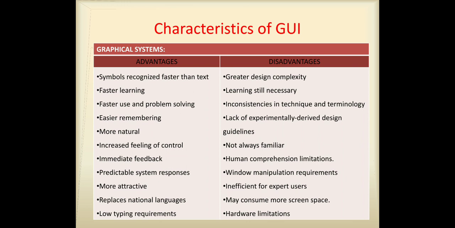This is all happening because of inconsistencies in the techniques used and the terminologies. And sometimes the symbolic representations may not be as familiar as words or numbers. Numeric symbols elicit faster response than graphical symbols in visual search tasks. So therefore, the job is not always similar.